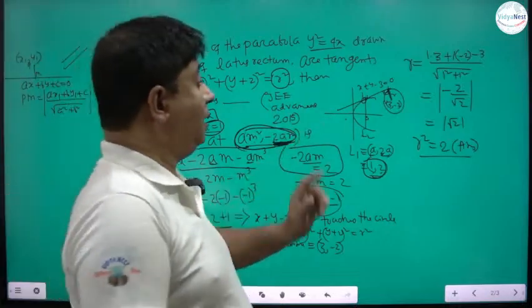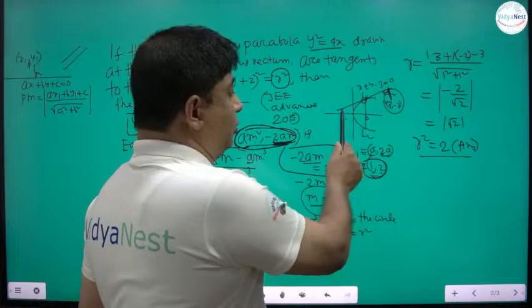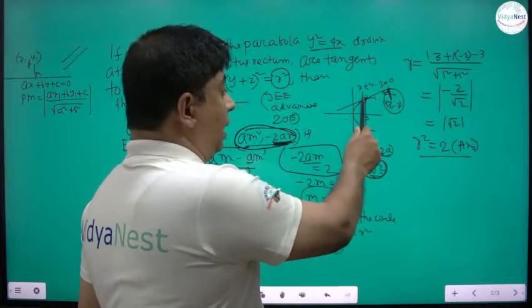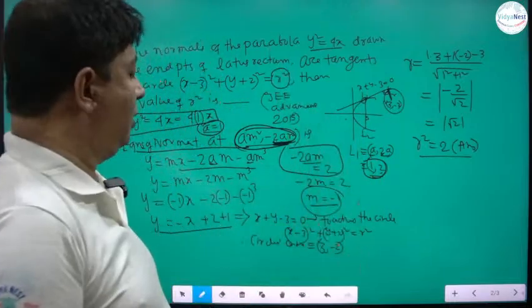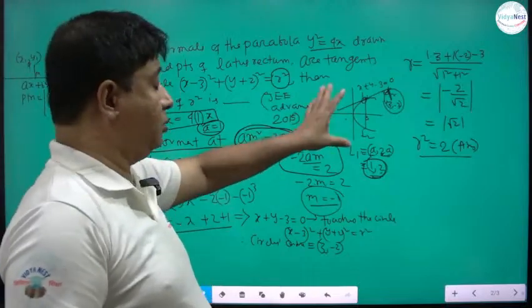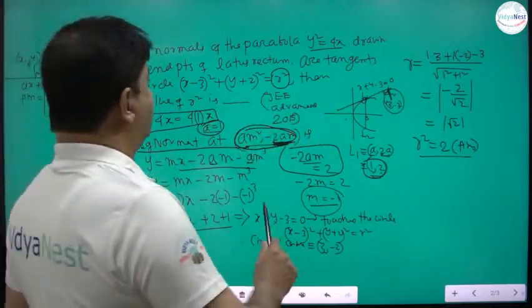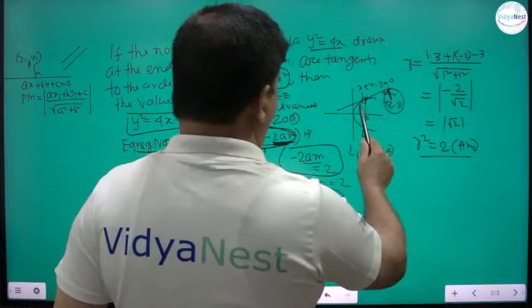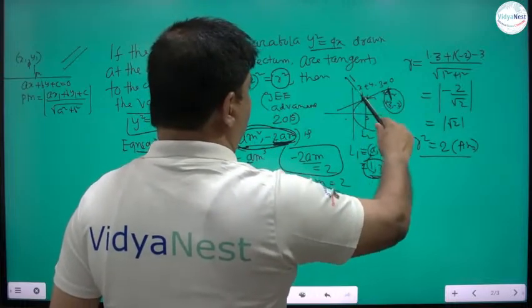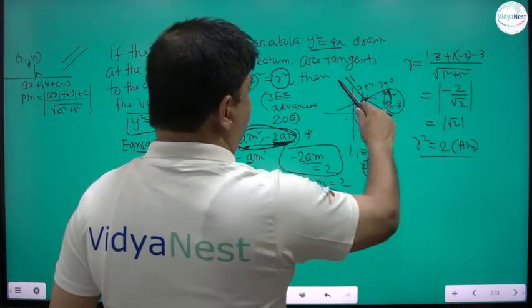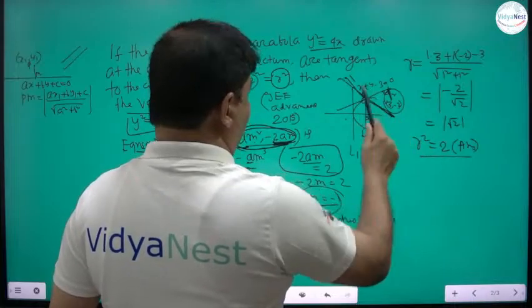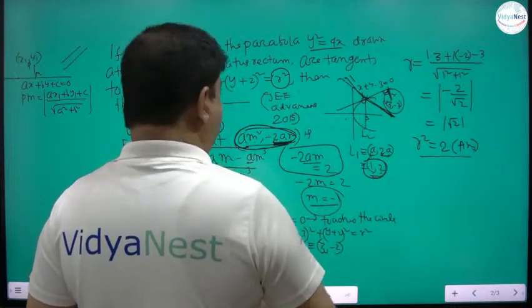See, there are two tangents at two extremities you can draw, that is two normals actually, sorry. Two normals you can draw. Here it is x plus y is equal to 3.